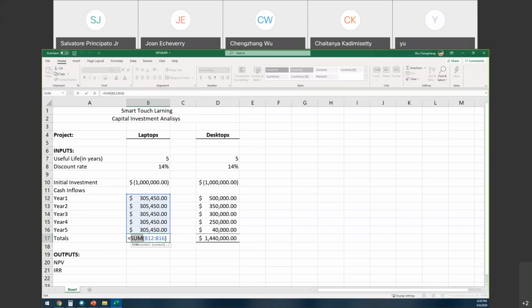Well, regarding a formula or a function in Excel, there are various kinds of inputs. So actually, NPV is a function in Excel.